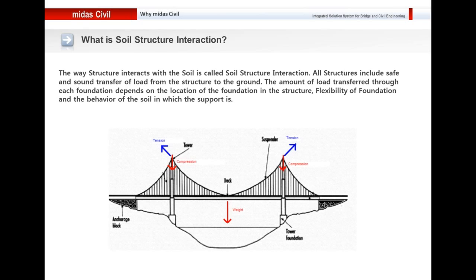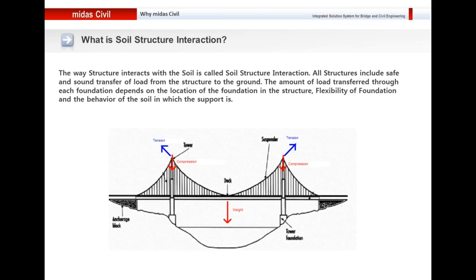Now, when we talk about bridge design, we always try to concentrate on the superstructure design, but that's not it. The purpose of constructing any bridge or any structure whatsoever is to transfer the loads successfully from one location to another.